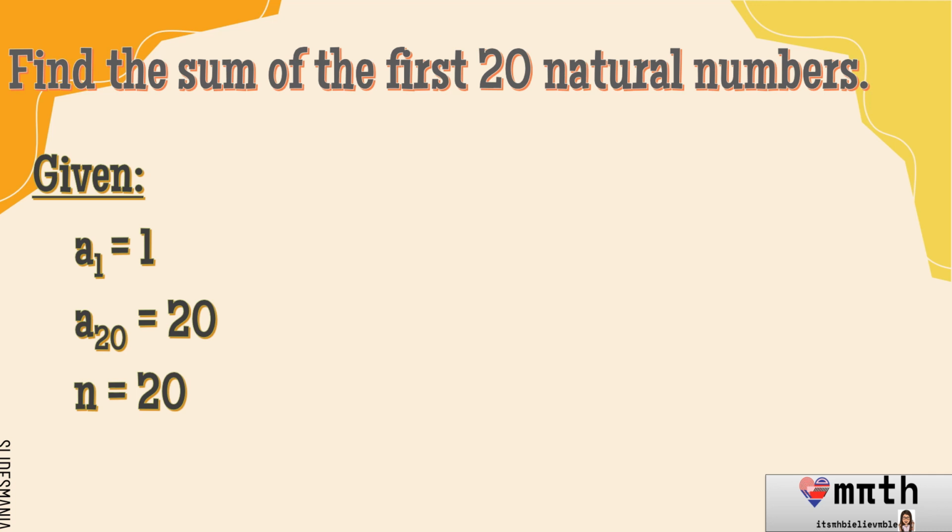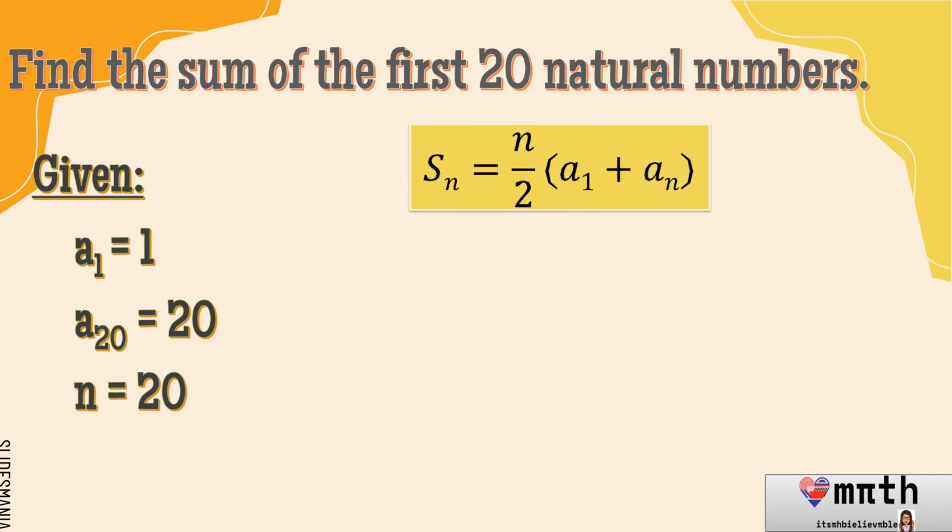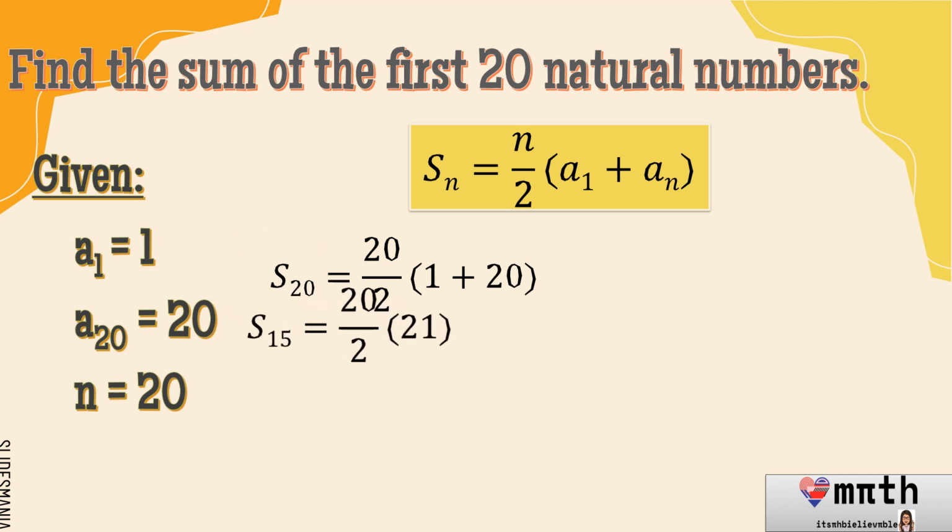Since we know the first term and last term, let us use again the formula S sub n is equal to n over 2 times a sub 1 plus a sub n. Substituting the given, that would be S sub 20 equals 20 over 2 times 1 plus 20. Simplifying 1 plus 20, that would be 21.